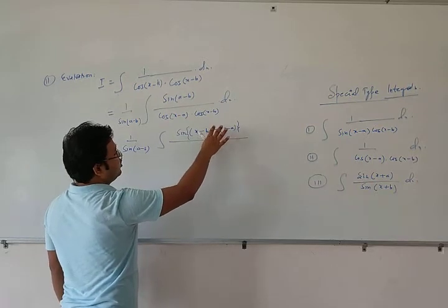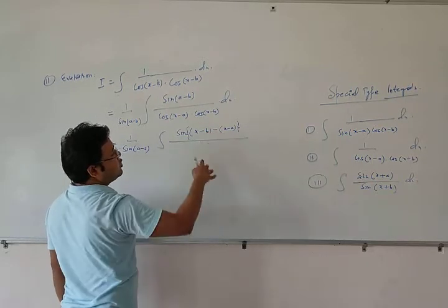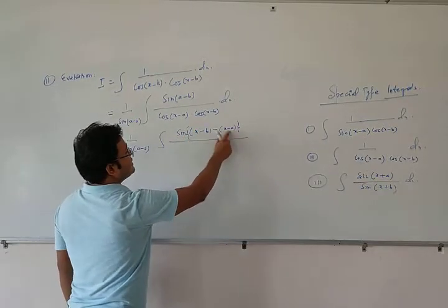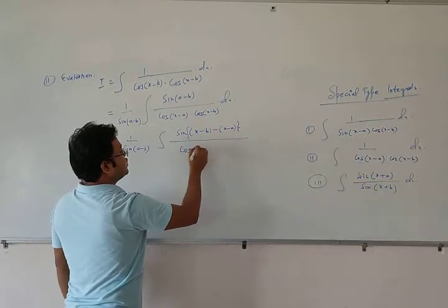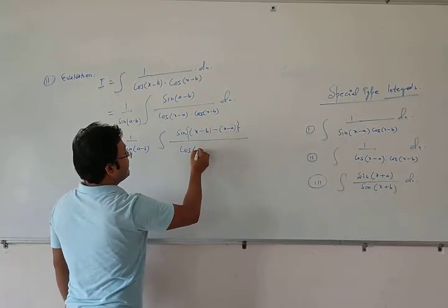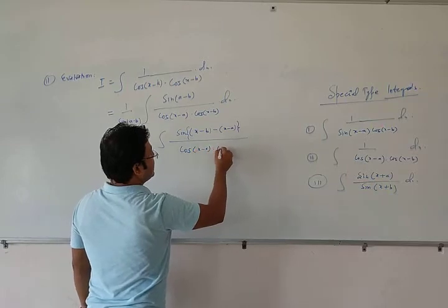But we do not have to do this because we have to evaluate this problem. So we have to use the formula of sin(a minus b). So in the next step, we will use the formula of sin(a minus b).